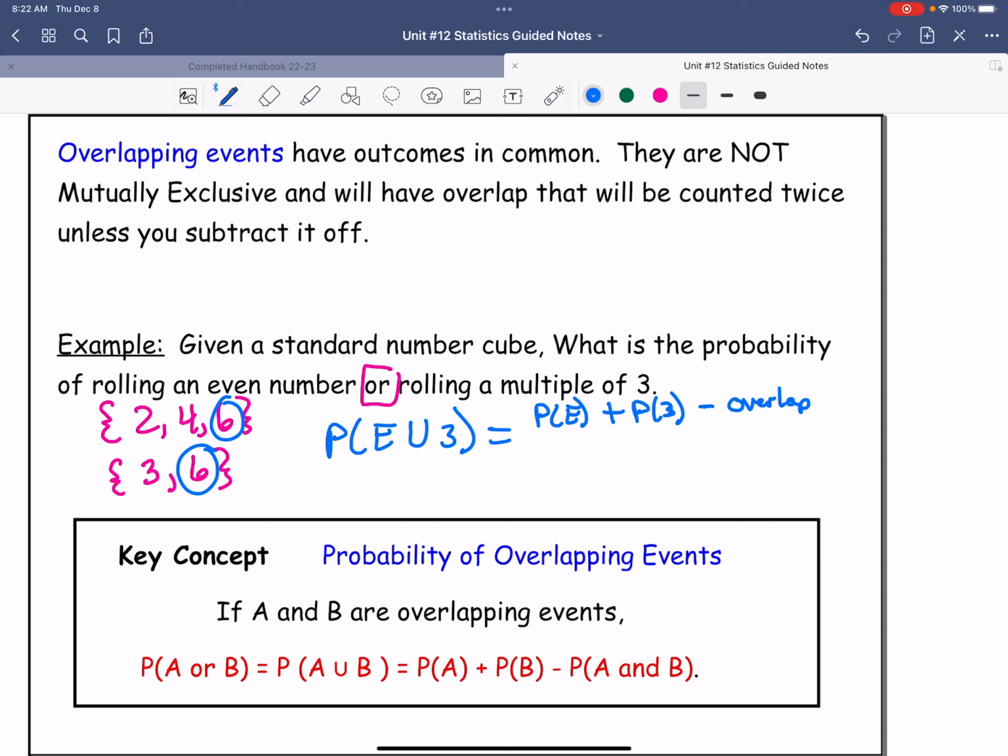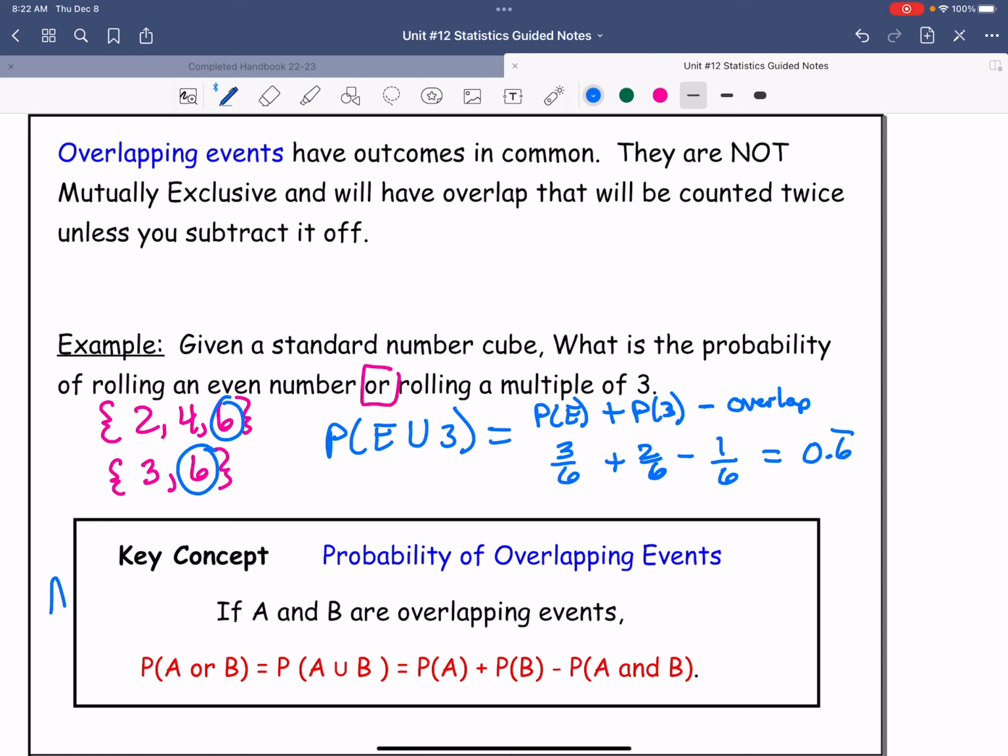So you've included those people twice. So we get probability of even is 3 out of 6, added to the probability of a multiple of 3, which is 2 out of 6. And then we've got to subtract off the overlap, which is one of the numbers in both. So 1 out of 6, which gives us 0.6 repeating.